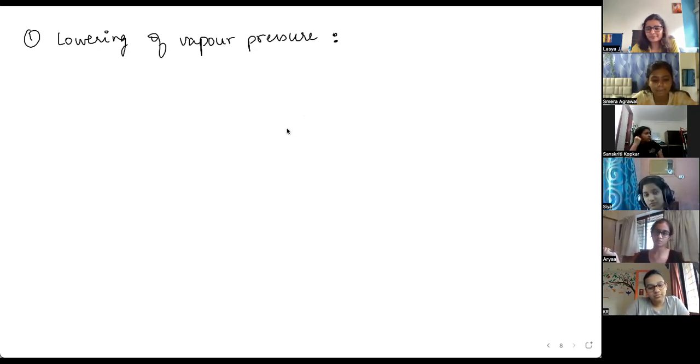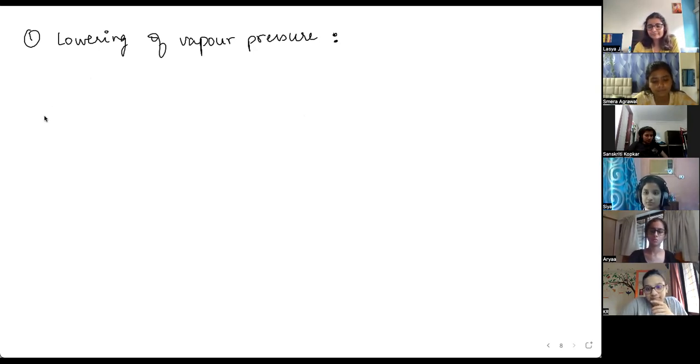No. The graph. So again, negative deviation, positive deviation is for liquid solutions. Here we are talking about a solid solute added to a liquid solvent.